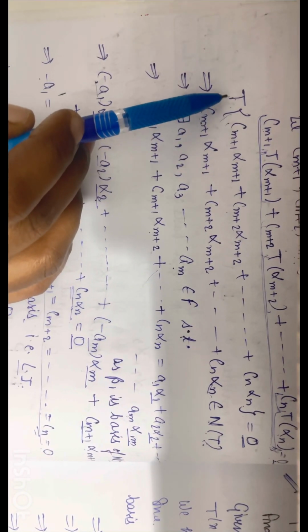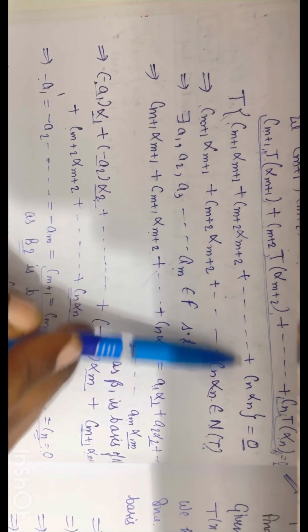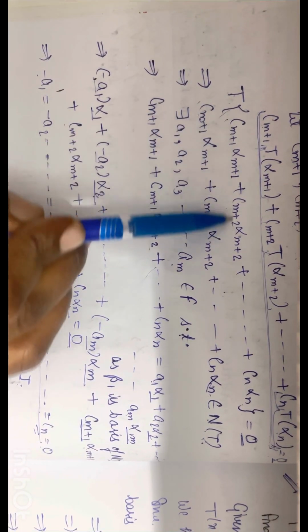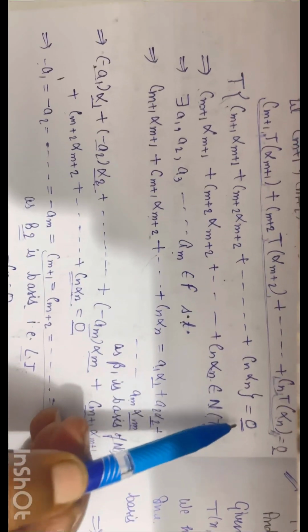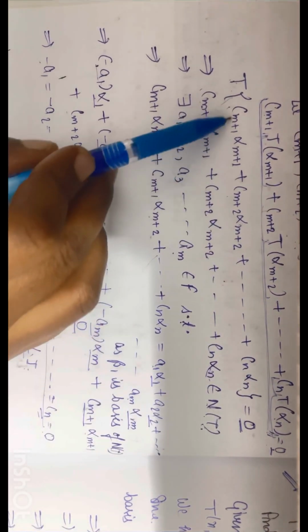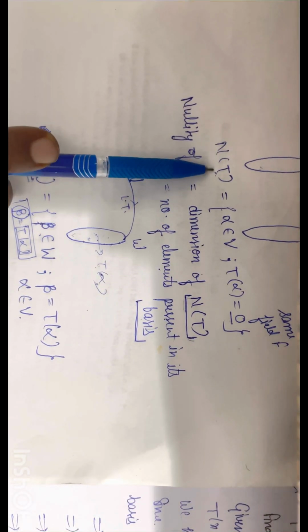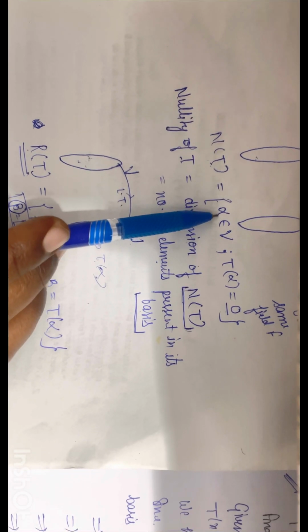Now here we see that T of an element is equal to 0. The image of this element is giving the 0 vector. It means this element will belong to the null space of T, because the null space of T contains those elements of V whose image is 0.